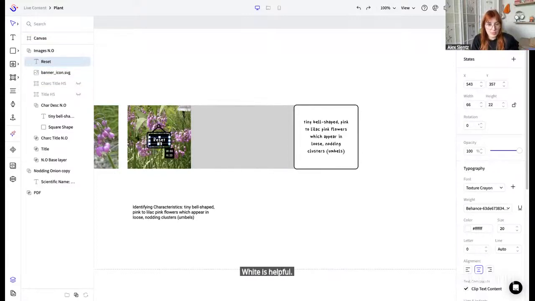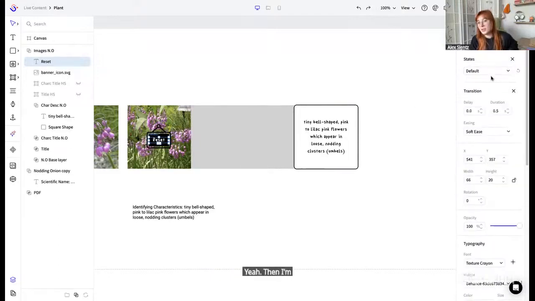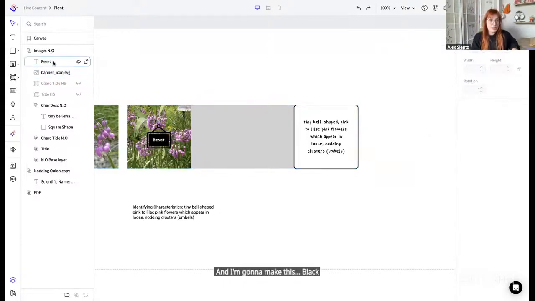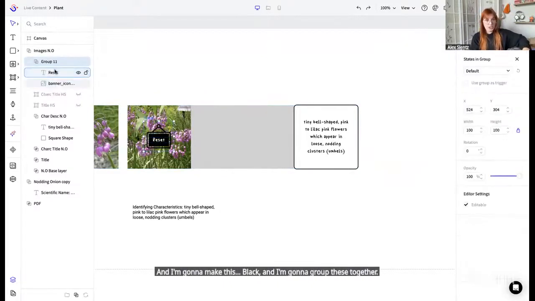So I'm going to do my best to center it on this. Then I'm going to add states to this too. And I'm going to make this black. And I'm going to group these together by doing Command G. And I'm going to title this reset.